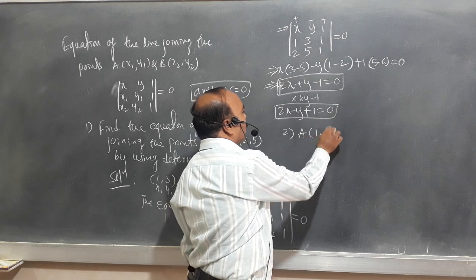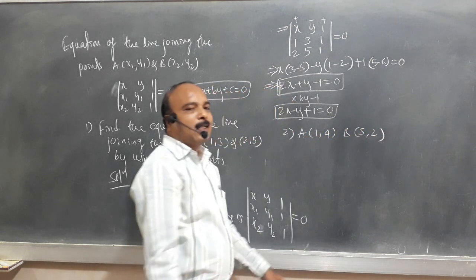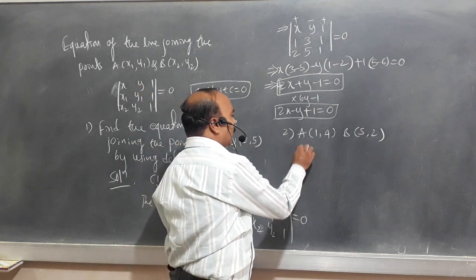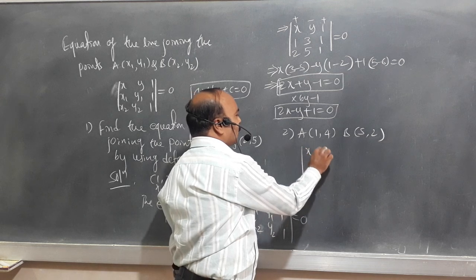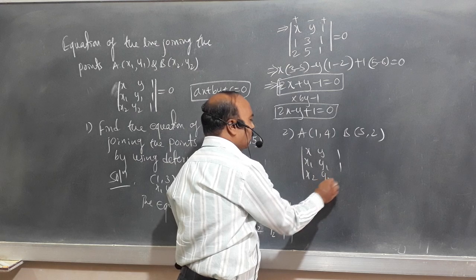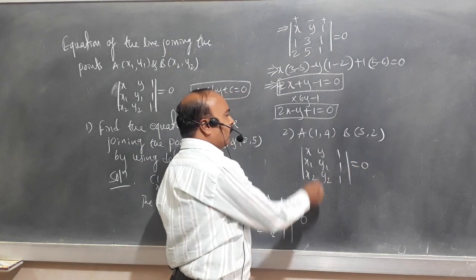Now we go for a similar example. A (1, 4), B (5, 2). We can find the equation of the line joining these 2 points. Then the formula is given by the determinant x, y, 1; x1, y1, 1; x2, y2, 1 equal to 0. Now we substitute the values.